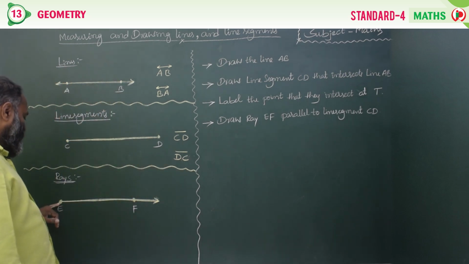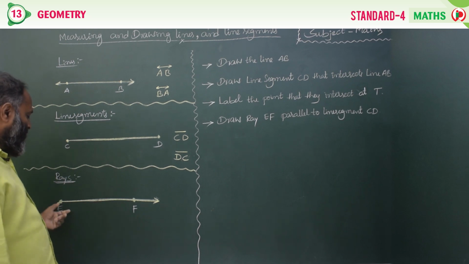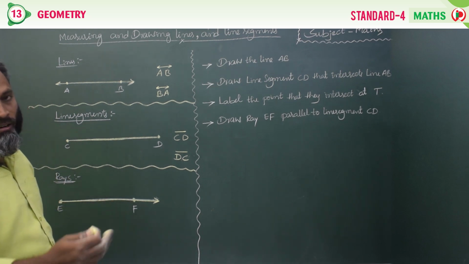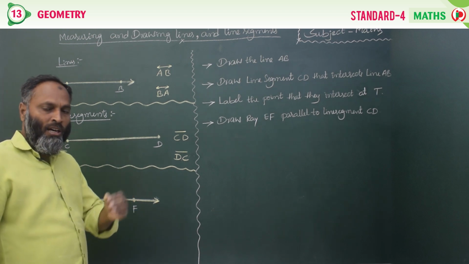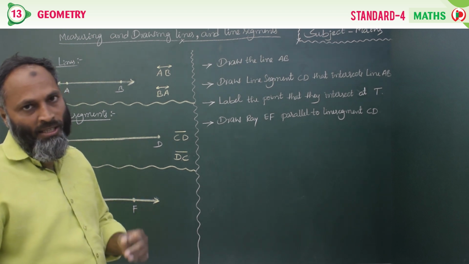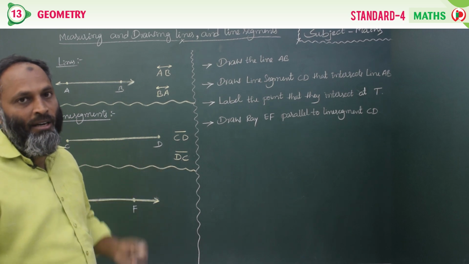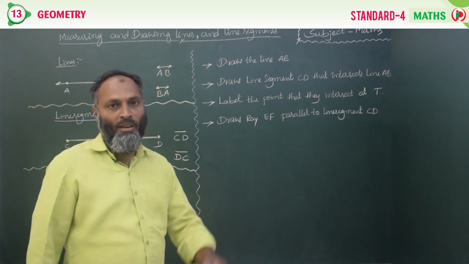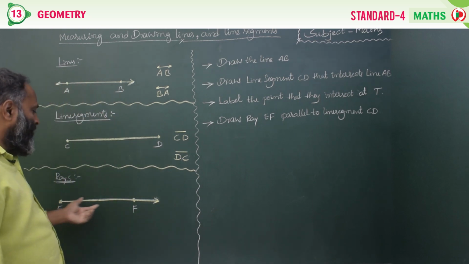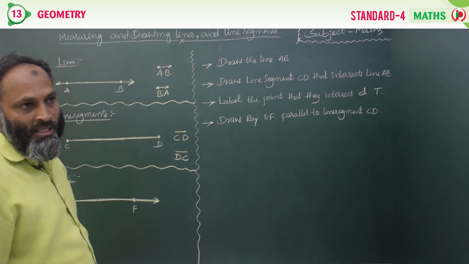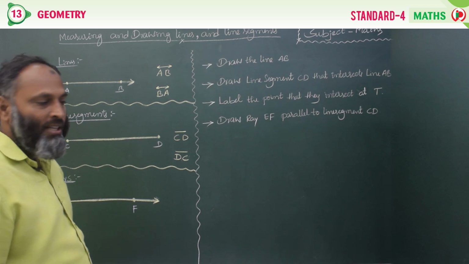Now E is the one endpoint, and in the F direction it extends infinitely. So the ray is also a part of a line. Line segment and ray both are parts of a line only.